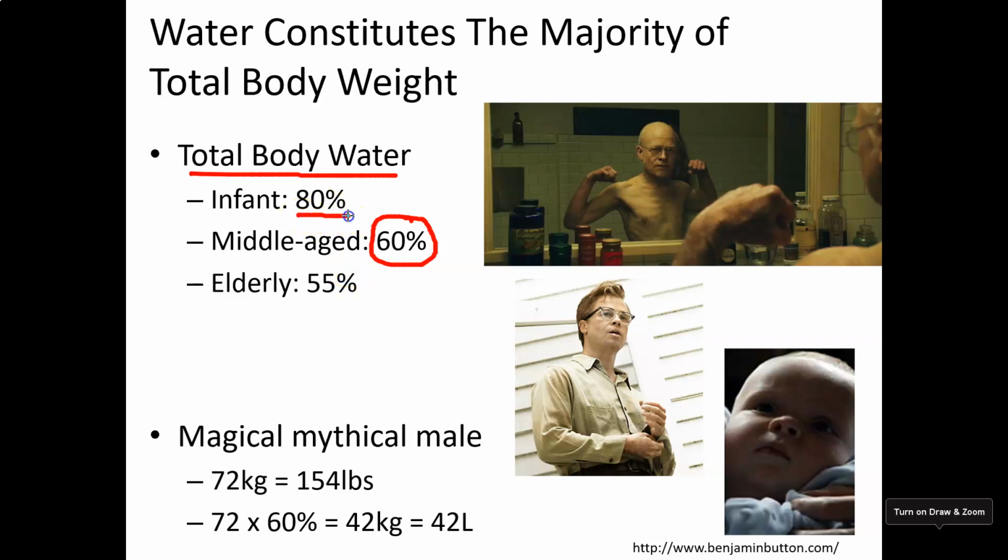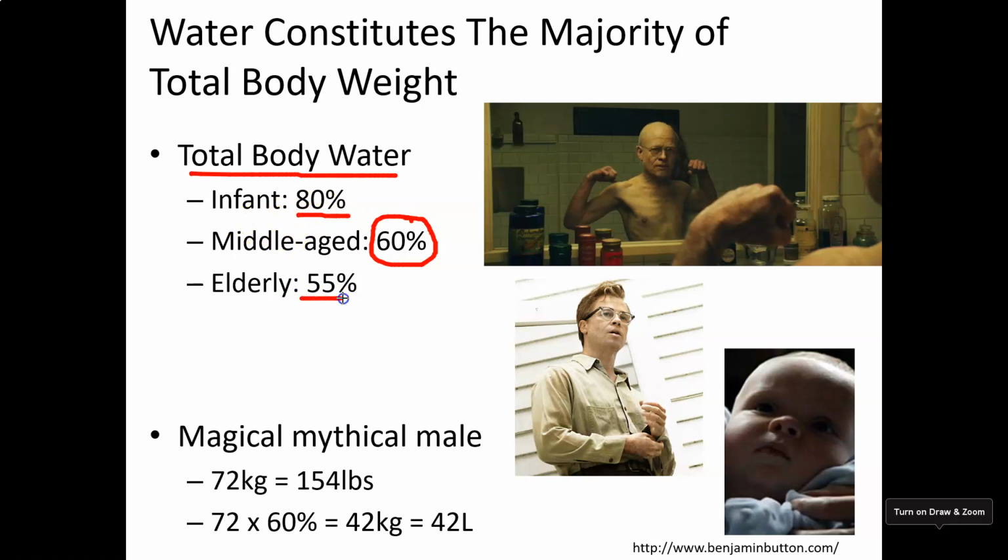Infants, interestingly, have a very high water content. That's because water is such a good heat sink, and it allows body temperature to be much more stabilized. You need a high input of energy or output of energy to change temperature water very much. So that helps regulate an infant's temperature.